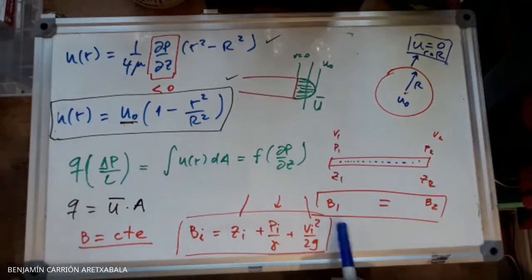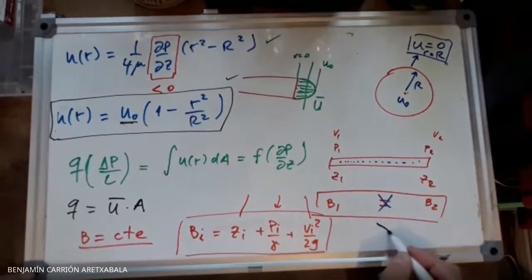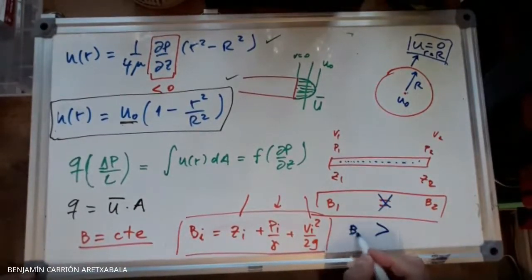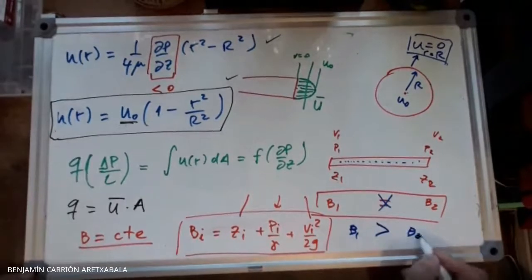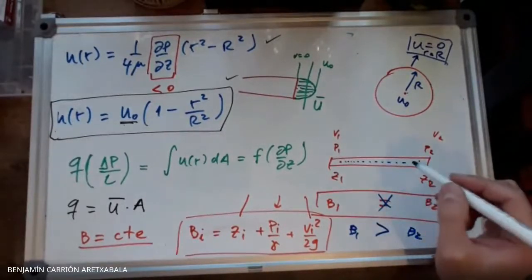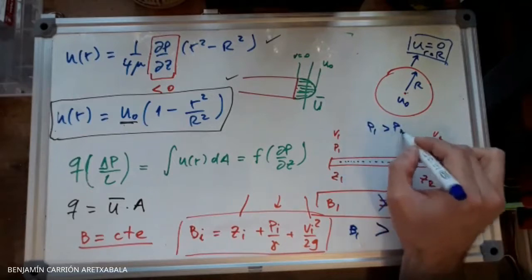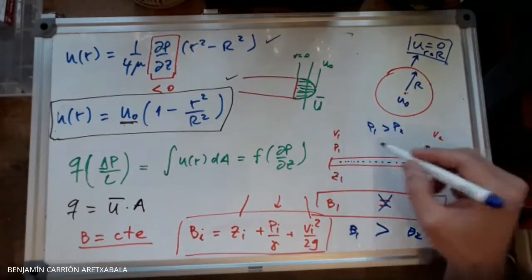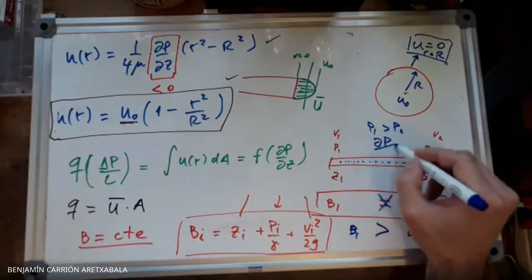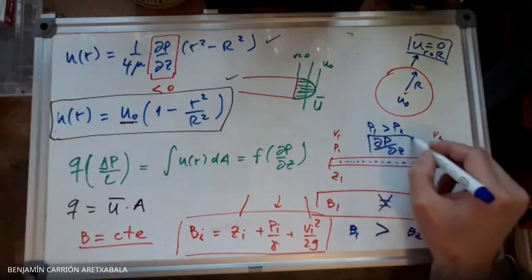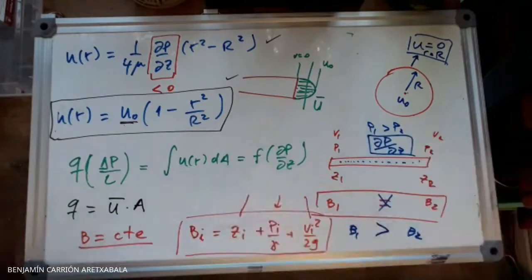The Bernoulli is a measure of the energy of the flow. So in this case, these are not equal, but B1 is actually larger than B2, and that's because P1 has to be larger than P2. And this gradient, dP over dz, is due to friction. So friction is the main cause of why pressure is dropping.